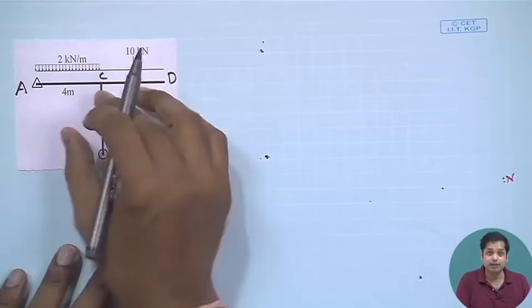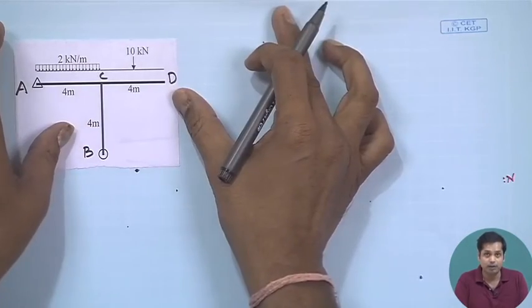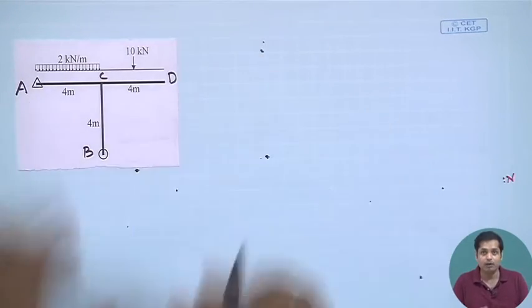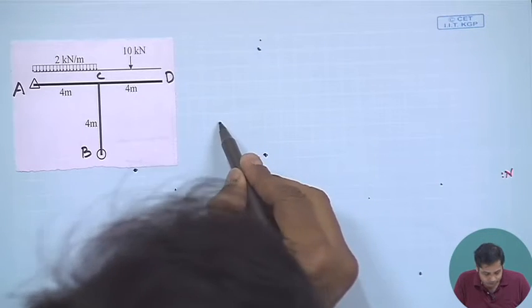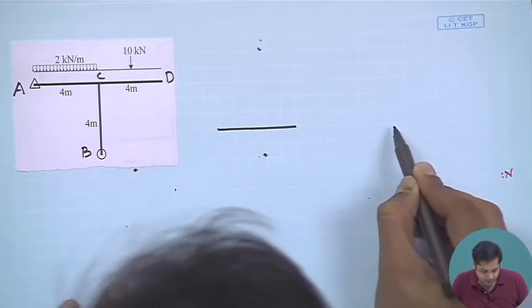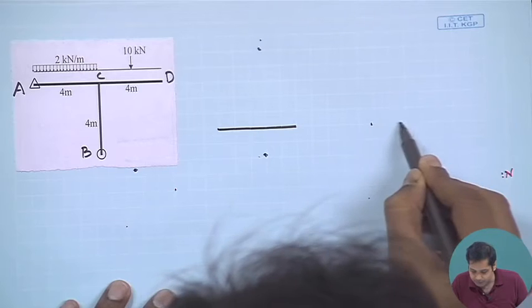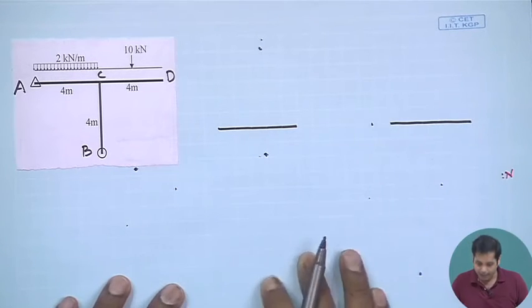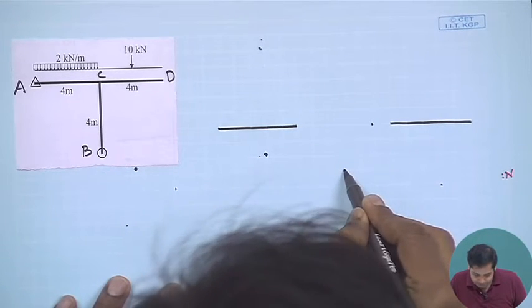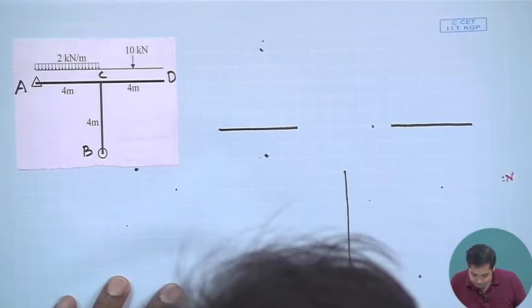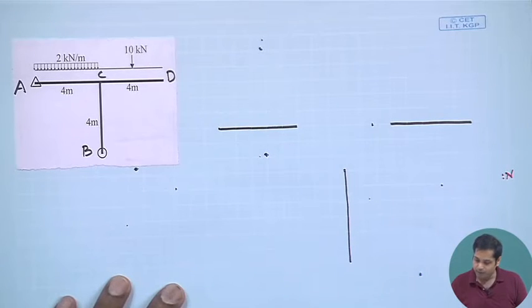Now, let us first take all the members separately and draw their free body diagram. Now, this is member AB, this is member CD, and this is member CB. What are the forces we have here?